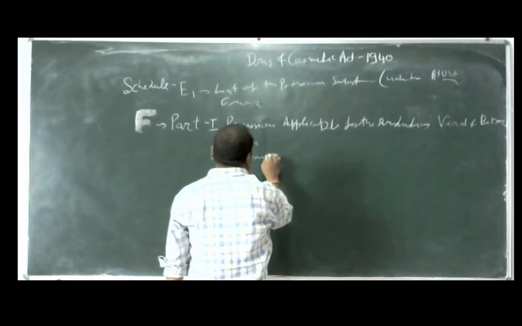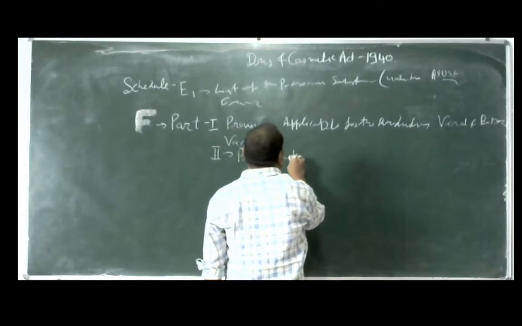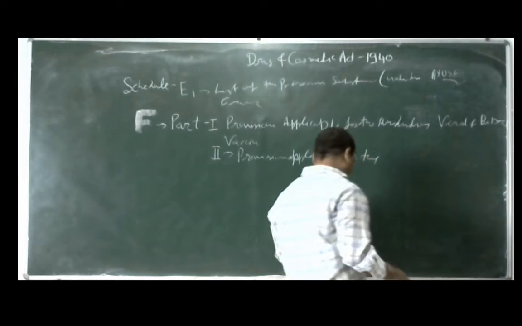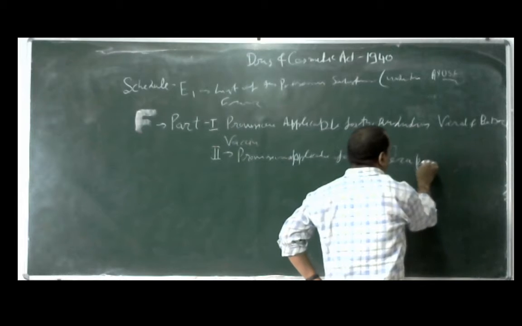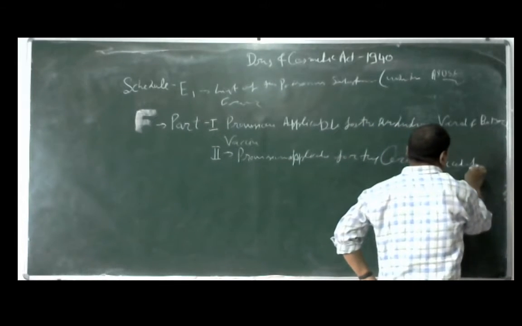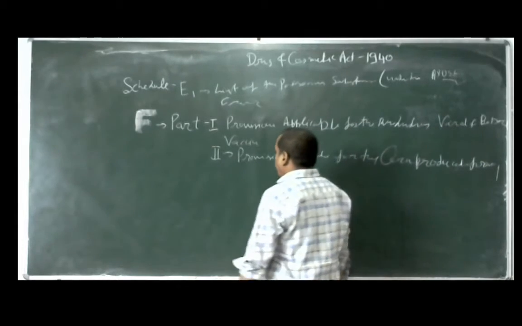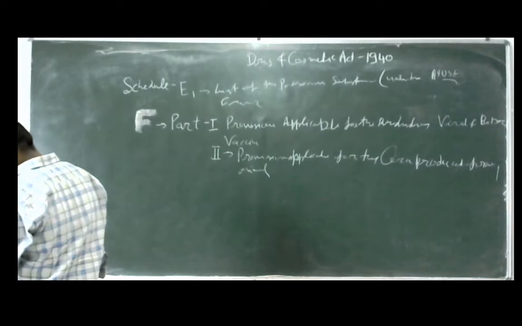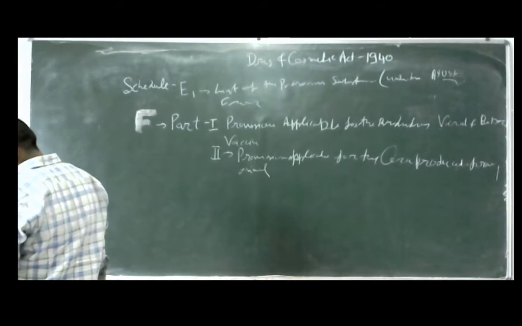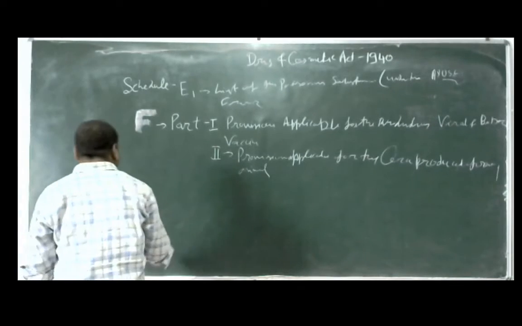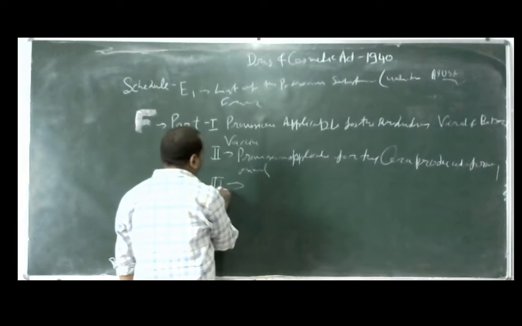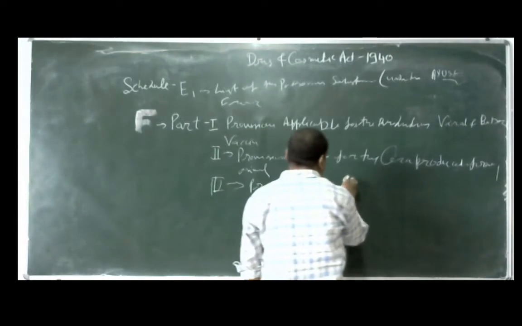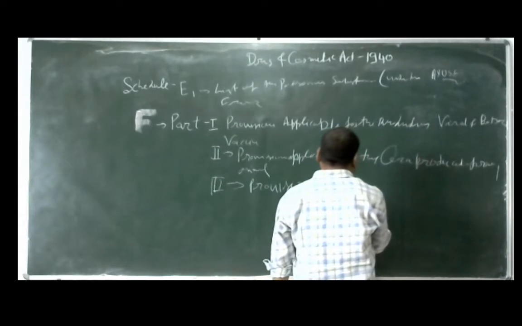Part 2 provisions apply to sera produced from animals. The third part covers provisions applicable to the manufacture and standardization of diagnostic agents.